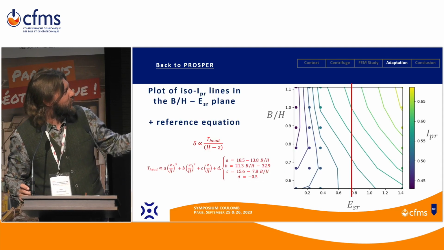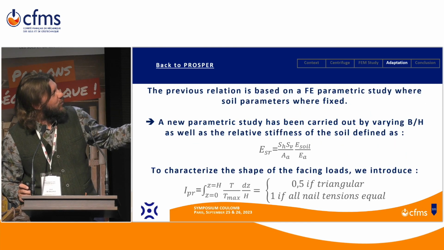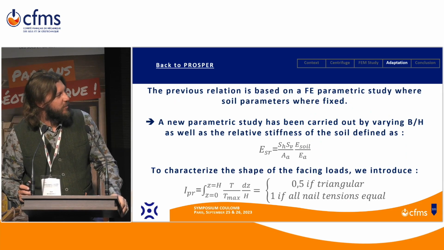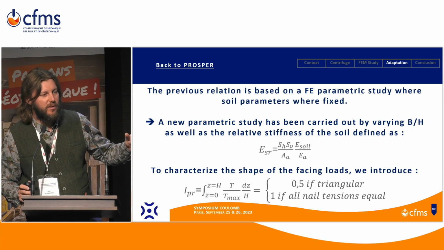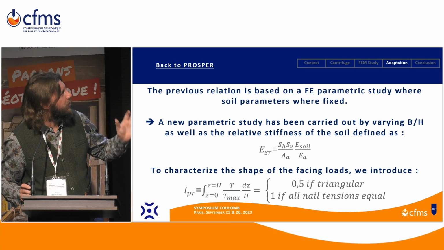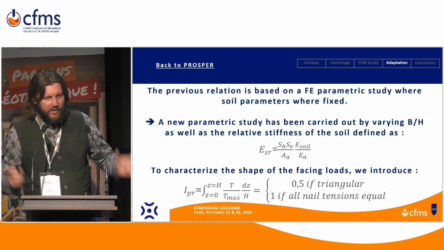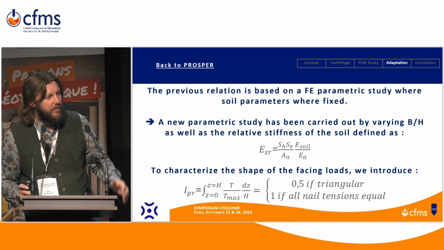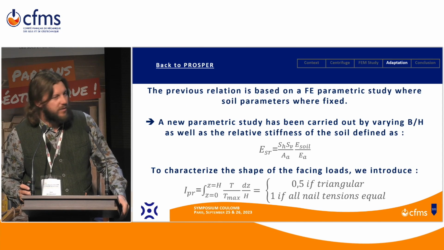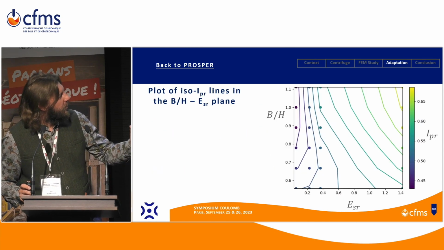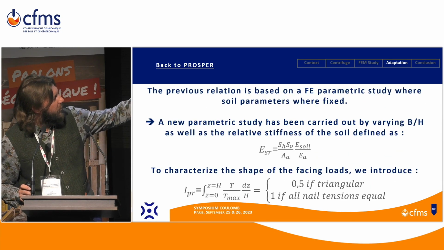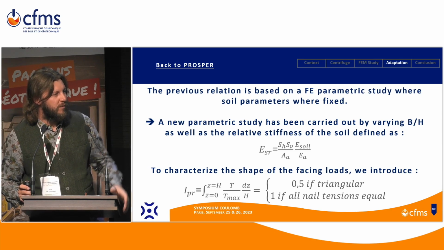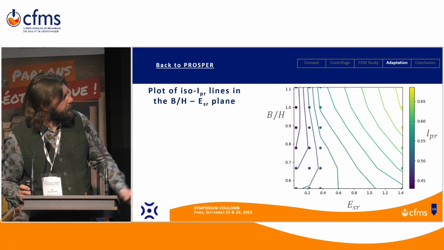Okay, so I just want to show that we went a bit further in the parametric analysis, because the first parametric analysis was only for fixed soil parameters. So we introduced the relative stiffness of the soil, and I introduced a parameter which indicates the shape of the facing tensions.